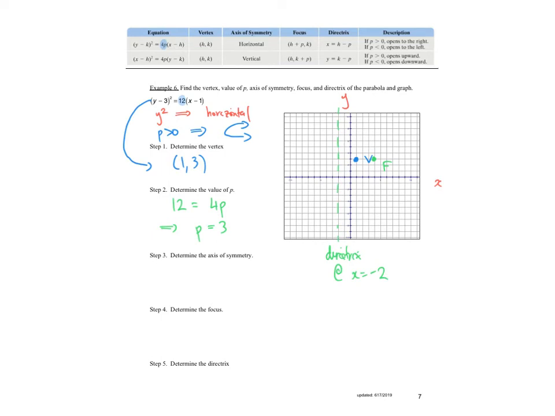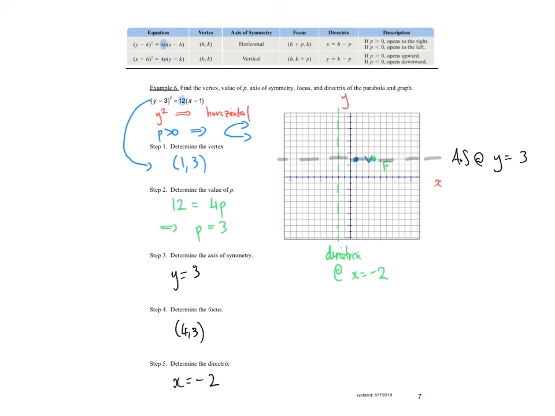And we know we have our axis of symmetry passing through the vertex and the focus at y equals 3. So let's record this in our table. The focus, we can read off the coordinates as (4, 3), and the directrix occurs at x equals -2.